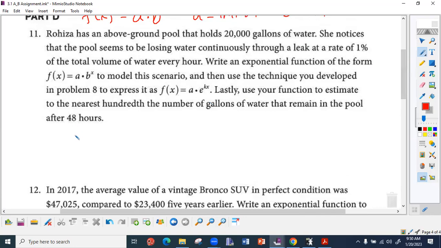So we're going to set it up. What is our A? 20,000 is our A. Agree? Because that's our initial amount. Our B, I'm losing water at 1%. So therefore B equals exactly 100% minus 1%, which is 99%, which equals 0.99.